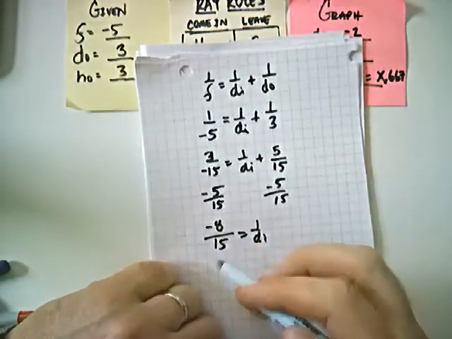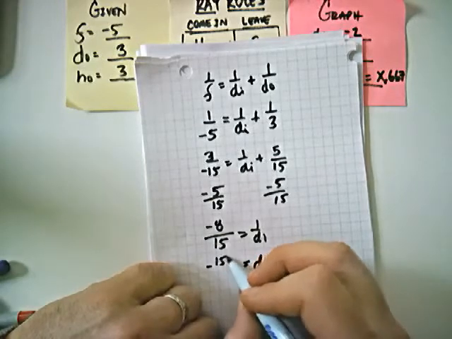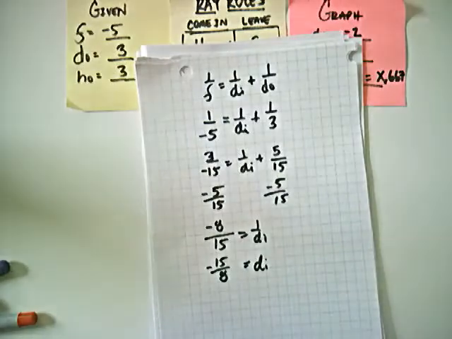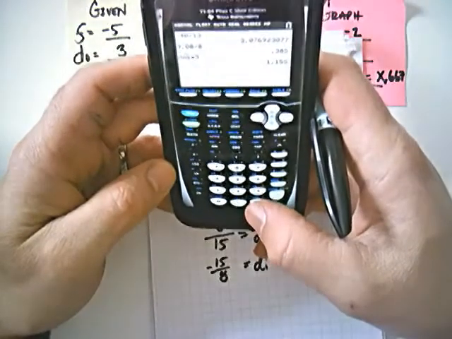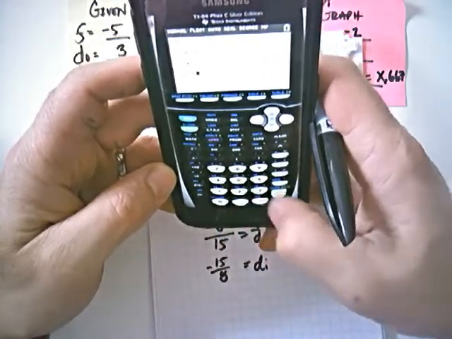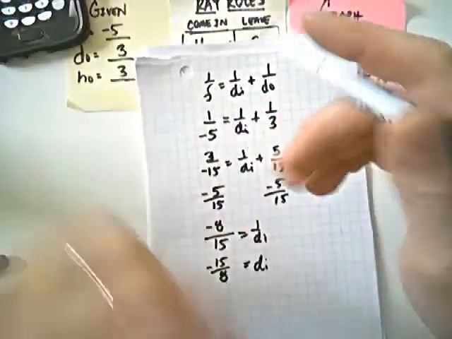Then flip it, and we're going to get -15/8. What is that? Time to ask the calculator. So I'm going to say -15 divided by 8. What do we got? -1.875.